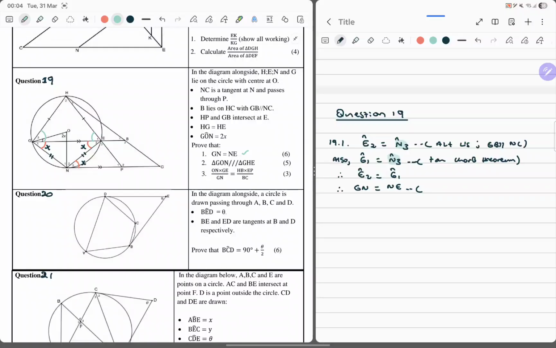Now here we can just say equal chords subtend equal angles, or these are chords subtending equal angles, or we can just say these are the sides opposite equal angles in triangle GNE. Maybe that's much easier.